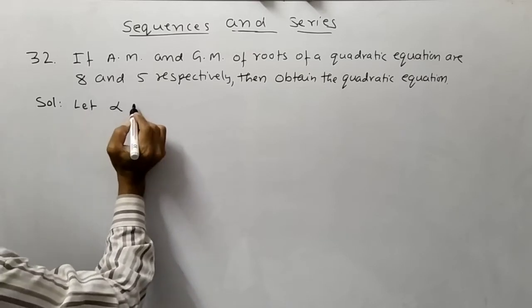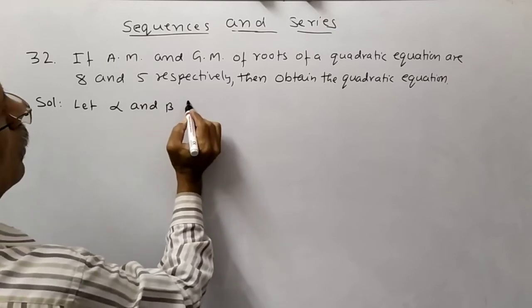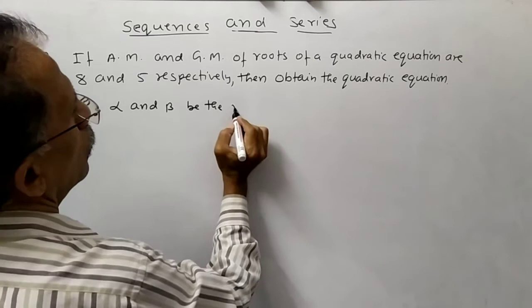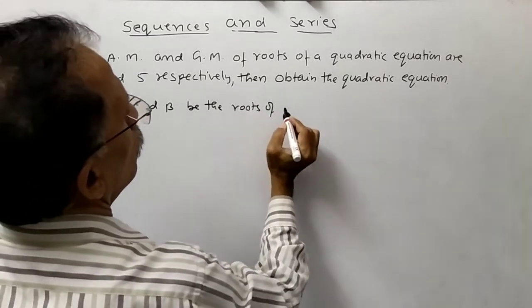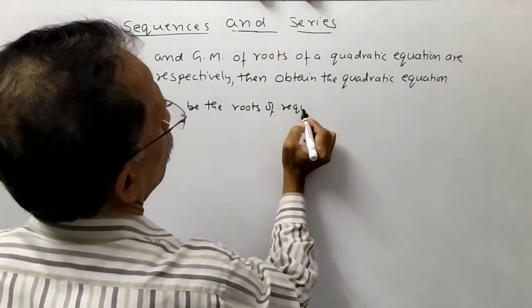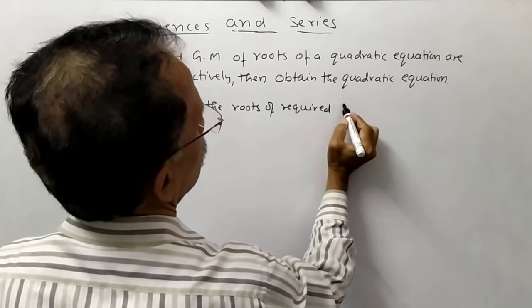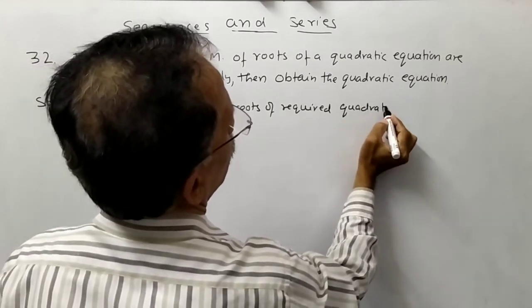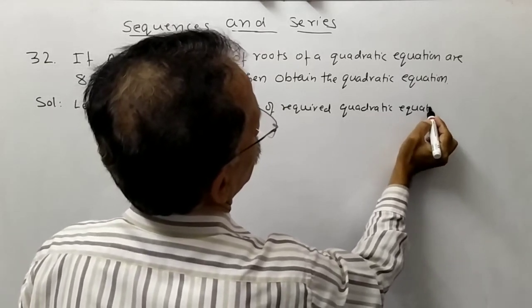Let alpha and beta be the roots of required quadratic equation.